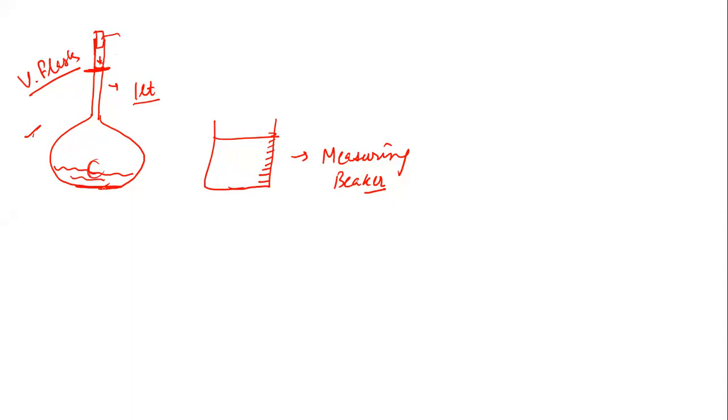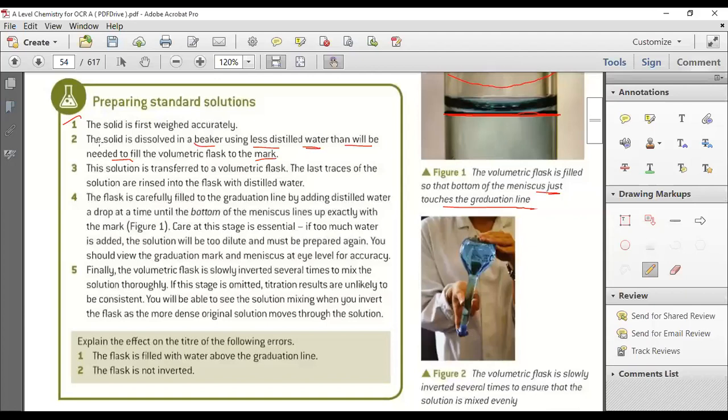We stir it and dissolve it. Once the dissolution takes place and everything is transparent, with nothing more left undissolved, then we add more water up to this marking. Clear? That is already written there: a solid is dissolved in a beaker using a little distilled water, then it will be needed to fill the volumetric flask to the mark.